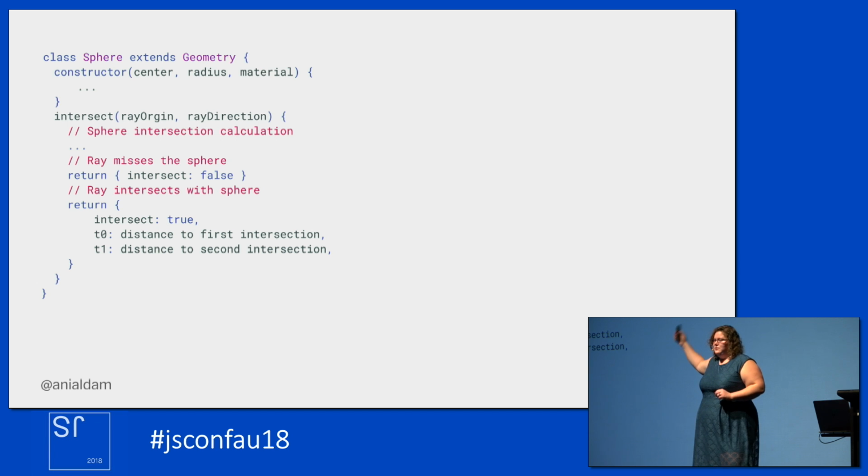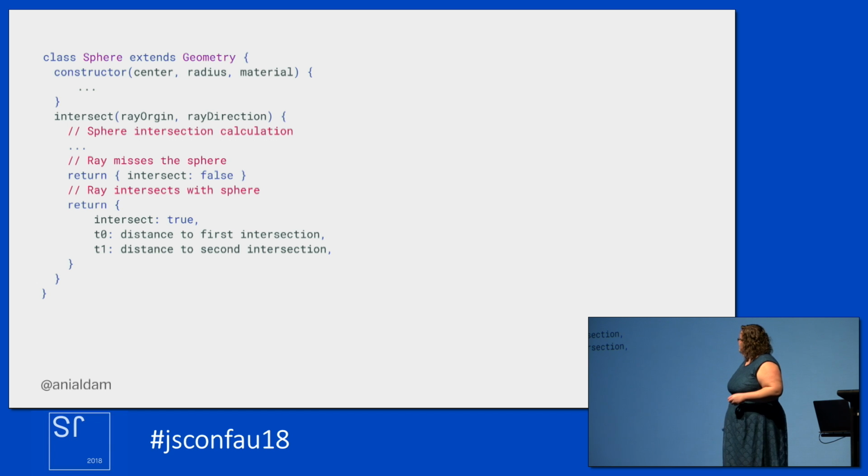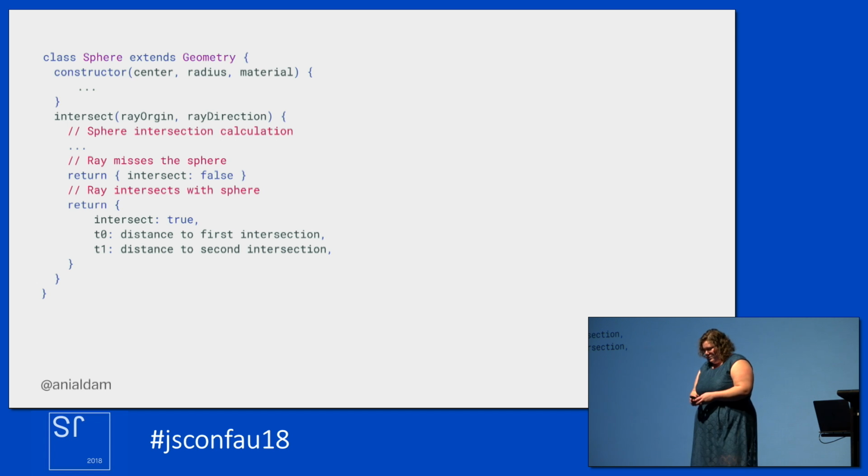What we also want to define is the material, so we want to know what color it has, how transparent it is, and how reflective it is.